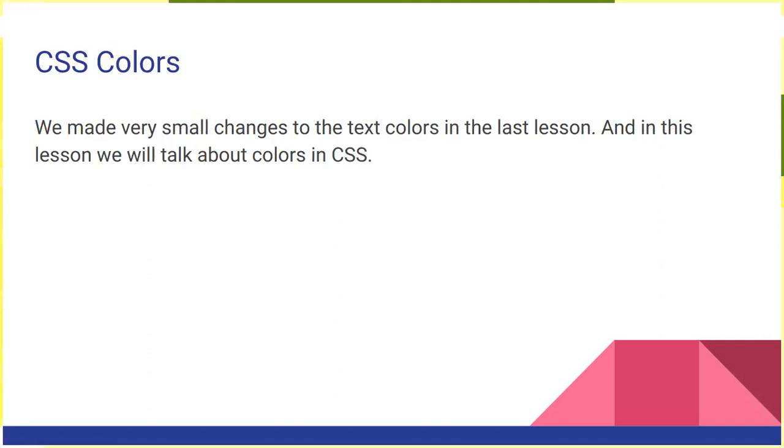But before that, guys, we need to understand how to pick the colors for websites. There is some psychology behind it, and based on industry standards, we need to pick the colors for our websites. For example, if you want to build a website for the education industry, blue is the more preferable color.